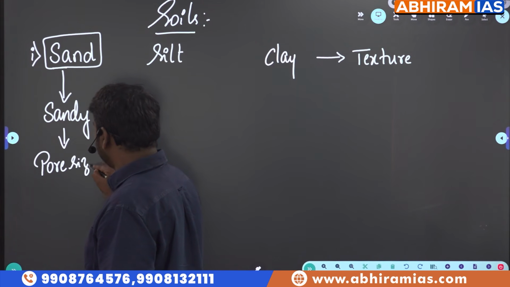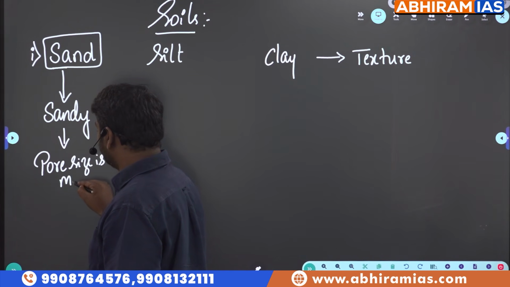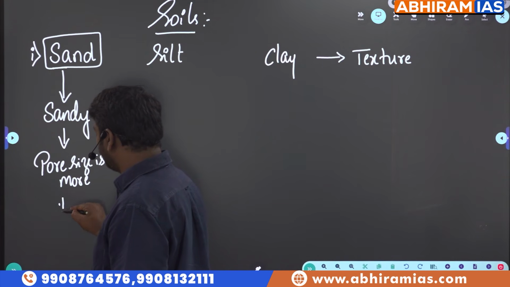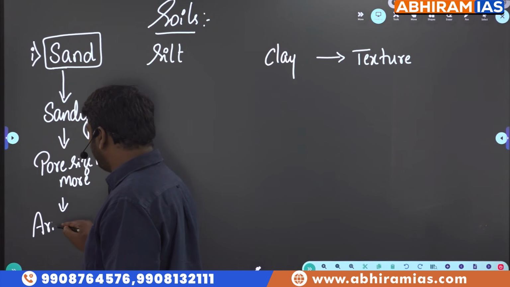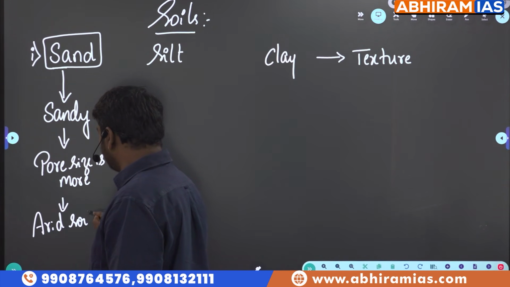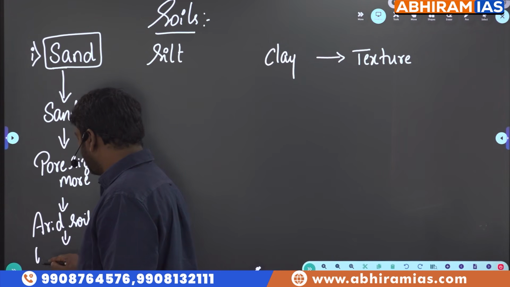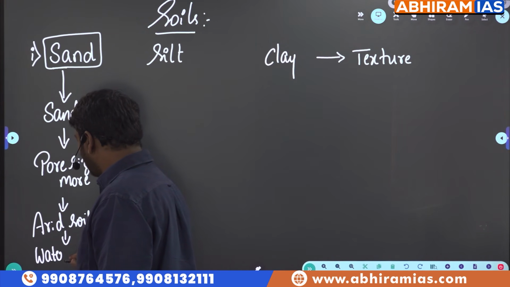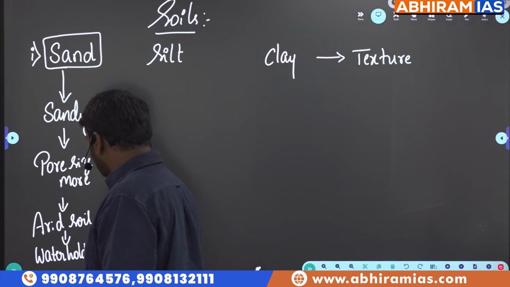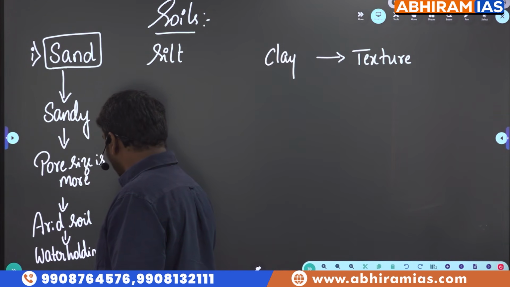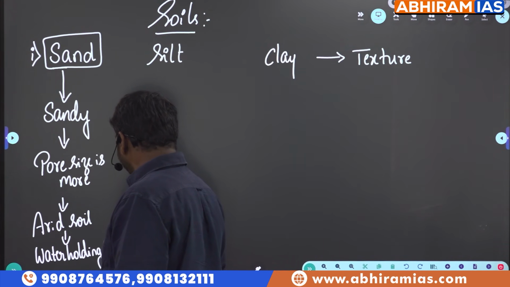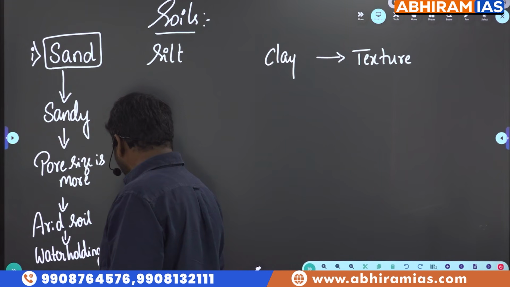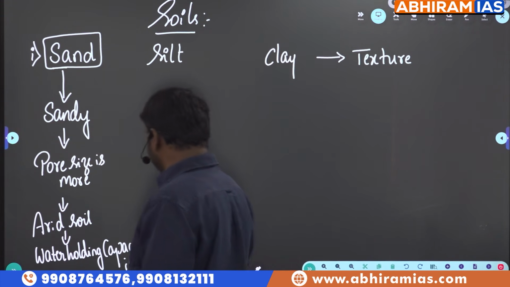Pore size is more, that means gaps are more. Example for this is arid soil. Water holding capacity is less.